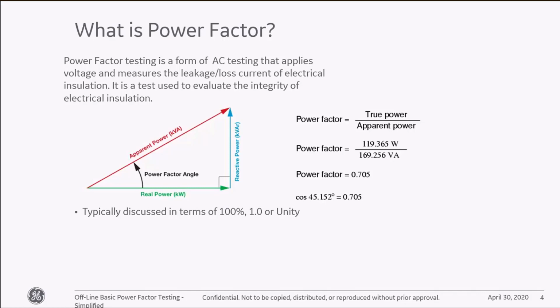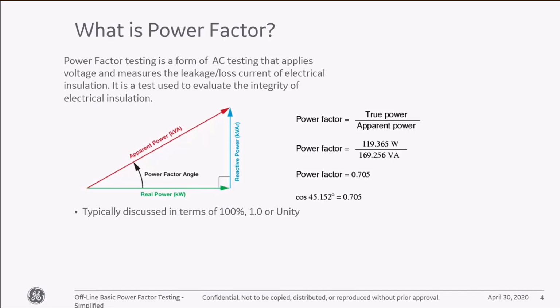We do it at the utility, and a lot of folks do it in their businesses, adding high-end capacitors to their chillers, their air conditioners, whatever it may happen to be, to try to make the power as clean and great as possible. So it's typically discussed in terms of 100% or 1.0 unity.